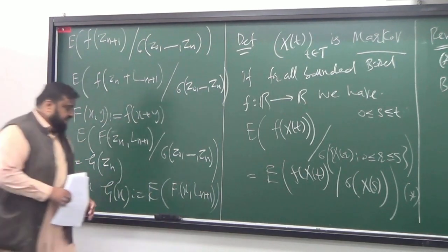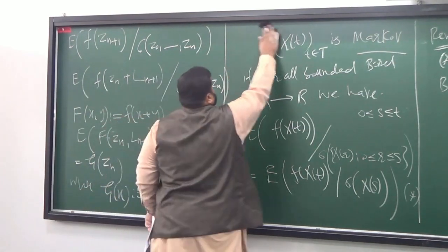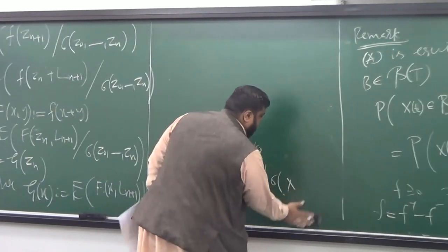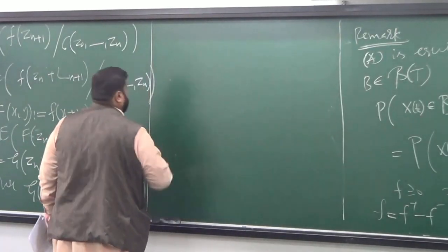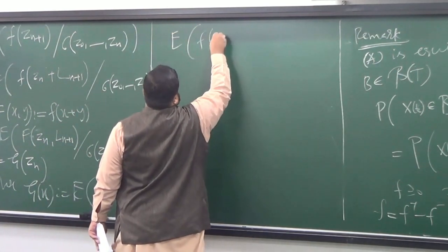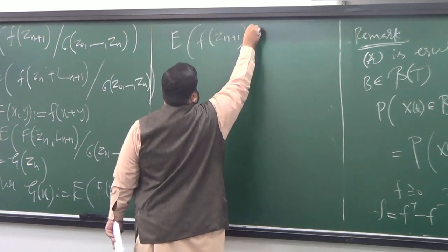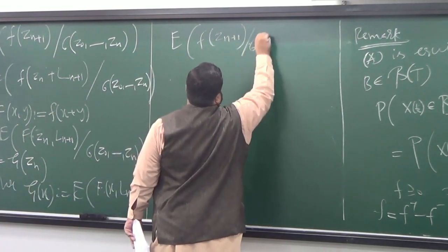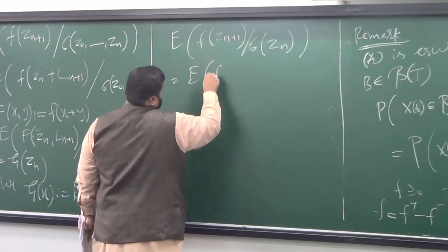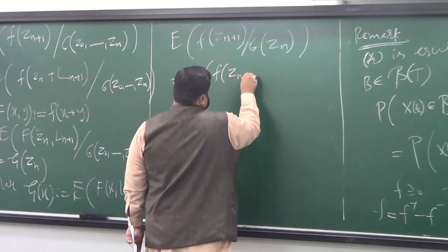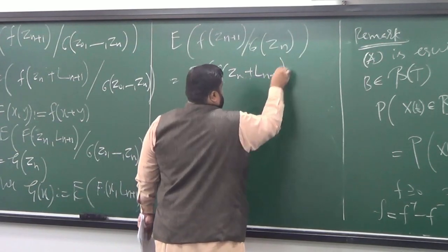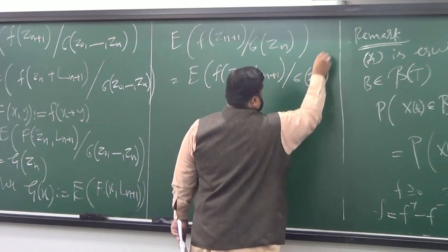Now I'd like to come to the other side again and look at the other side. I'm pretty much sure you're going to get precisely the same thing. So instead of taking f of Zn plus 1 given the sigma field generated by Zn, this should be the same as the expectation of f of Zn plus 1, that is Zn plus Ln plus 1, given the sigma field generated by Zn.